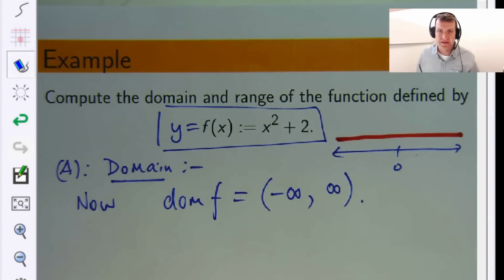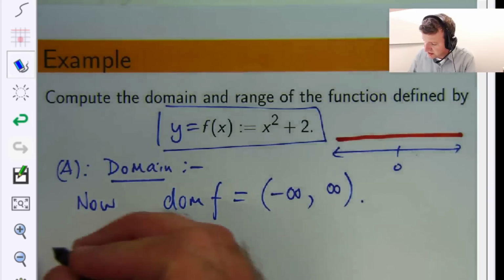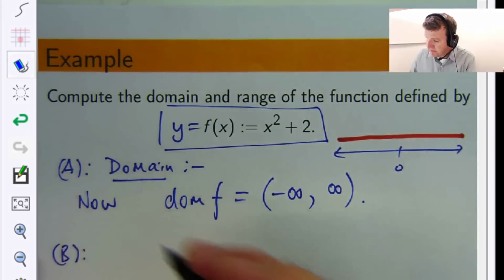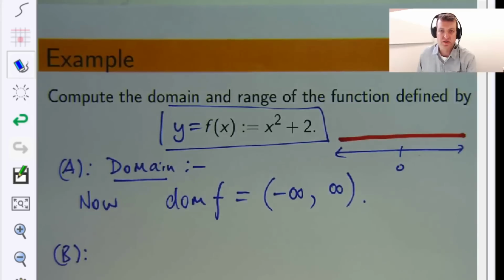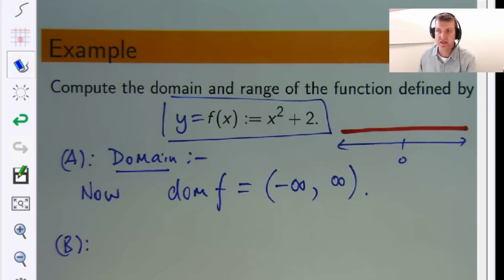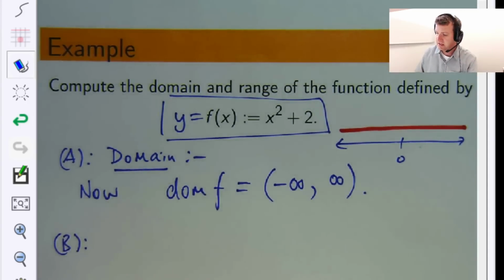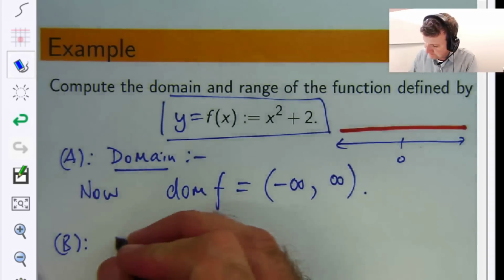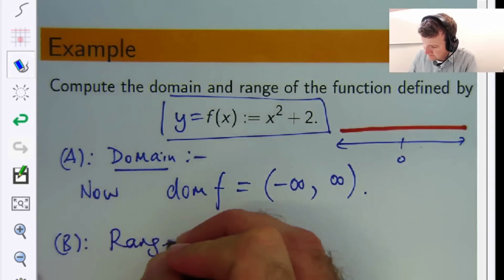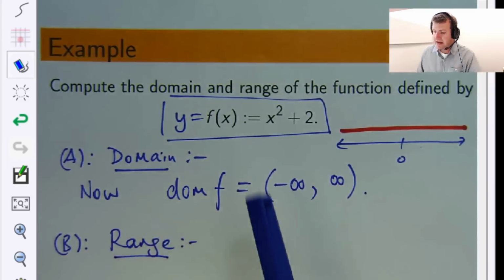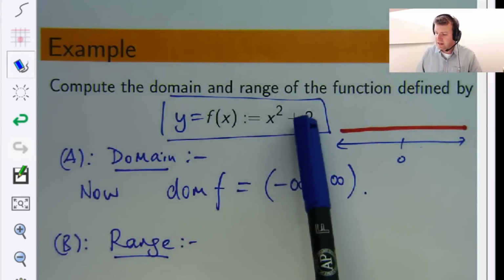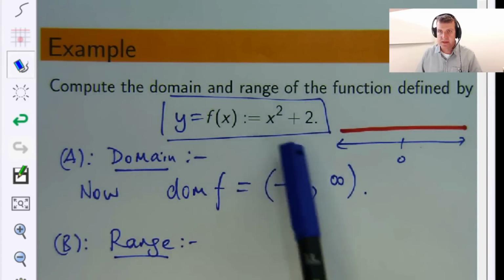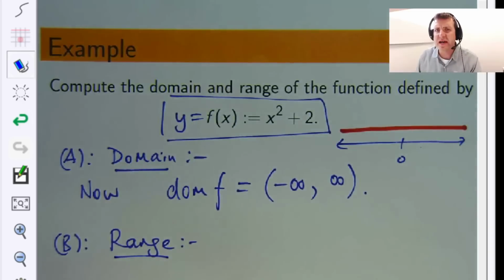Now, what about the range? The range is a little bit trickier. People look at this and go, well, the range is just the same as the domain. Not true. For the range, we're asking ourselves, what kind of output do we get?